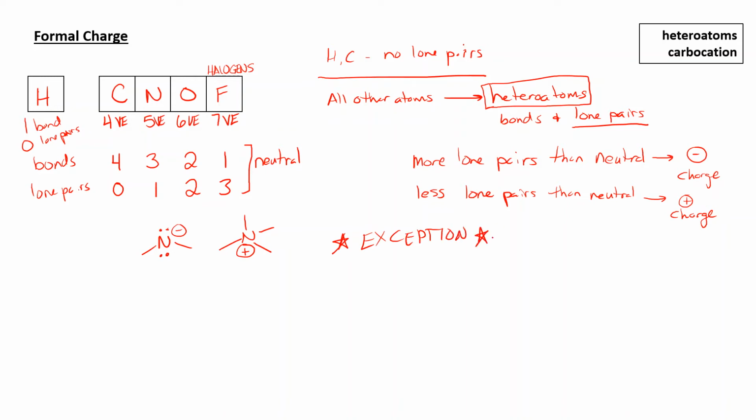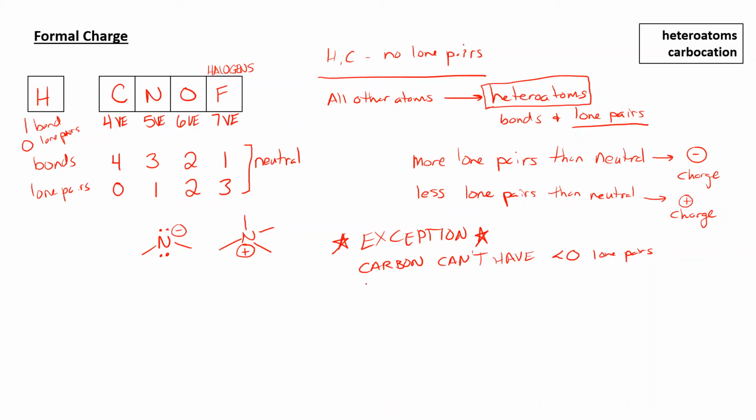And the exception is carbon, right? Carbon cannot, of course, have fewer lone pairs. Carbon can't have less than 0 lone pairs. That's not allowed.